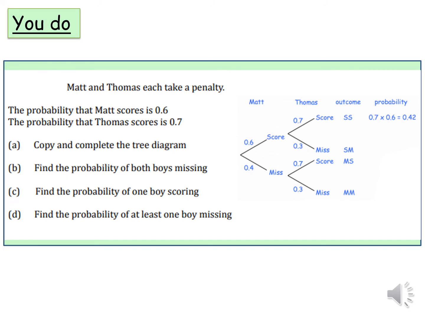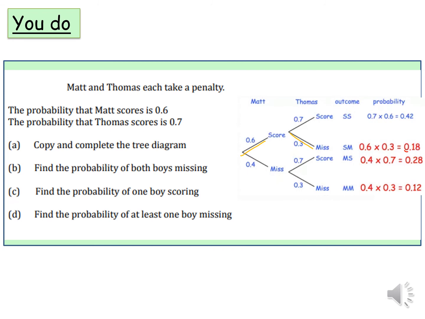Okay, let's calculate the probabilities that are missing on the tree diagram. So the probability of Matt scoring and then Thomas missing, remember and means times, it would be 0.6 times 0.3 equals 0.18. Yep, 0.18. Just going to fill the rest of these in.